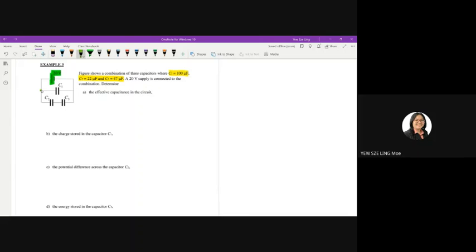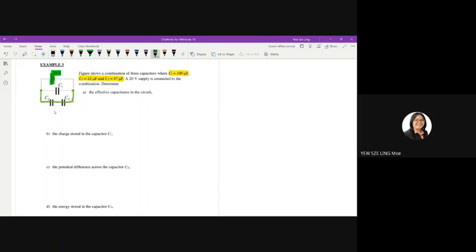We have only one junction right here, and C2 and C3 are both placed along the same path. So you don't have to think whether you should start from C2 or C3, because you need to solve both of them at the same time. So C2 and C3, obviously, are placed in series.